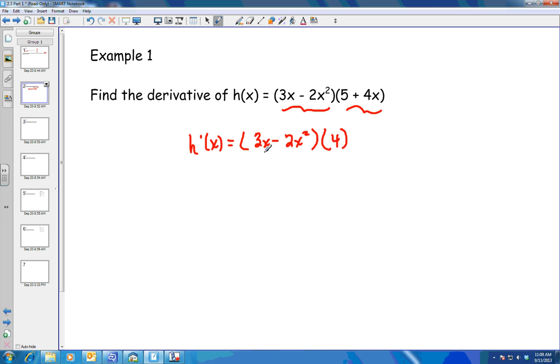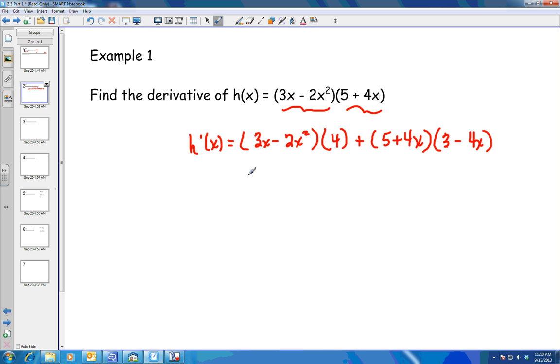So here's the first times the derivative of the second, plus my second term times the derivative of the first. The derivative of the first is 3 minus, the derivative of this would be 4x. Okay? Now we could simplify all of this out. For right now, we're just going to leave it like this.